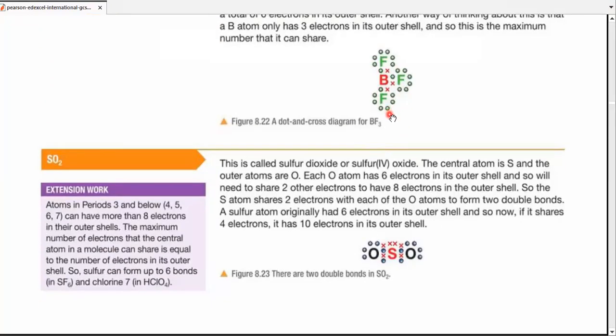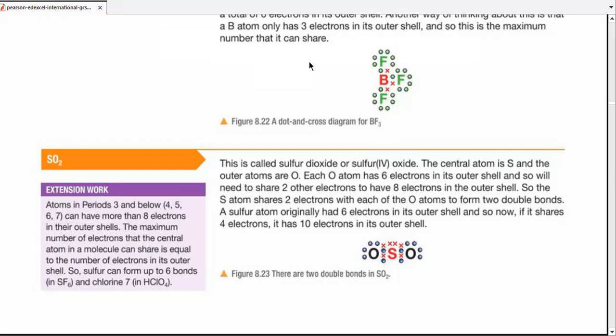Let's move on to the kind of example where the central atom has more than 8 electrons, more than an octet, simply speaking. Sulfur dioxide, or sulfur(IV) oxide. The central atom is sulfur, the outer atoms are oxygen. There are 2 oxygens. Oxygen has 6 electrons in its outermost shell.